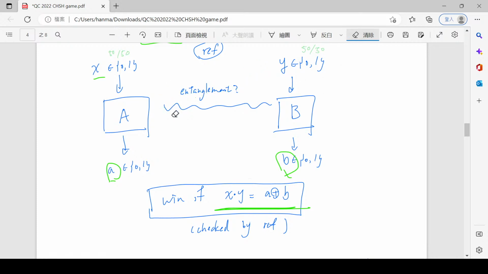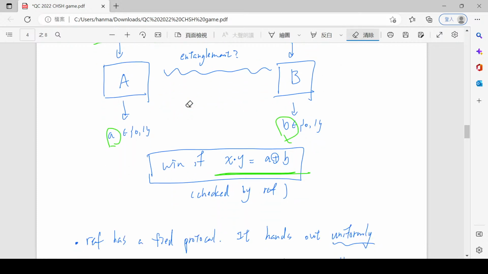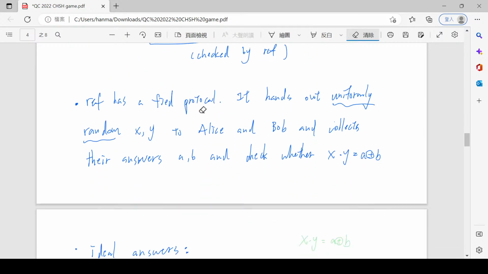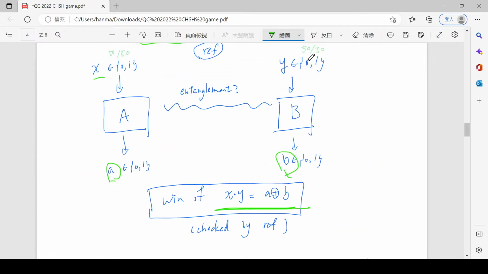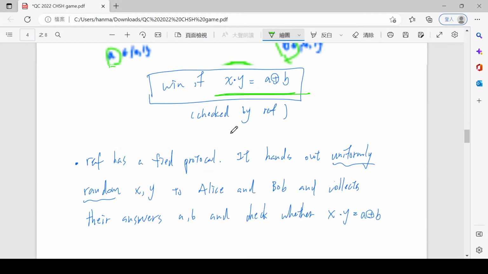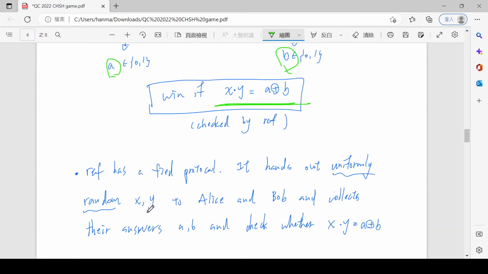As we said, X and Y are uniformly random, so there is a 1/4 probability for each of the four outcomes.